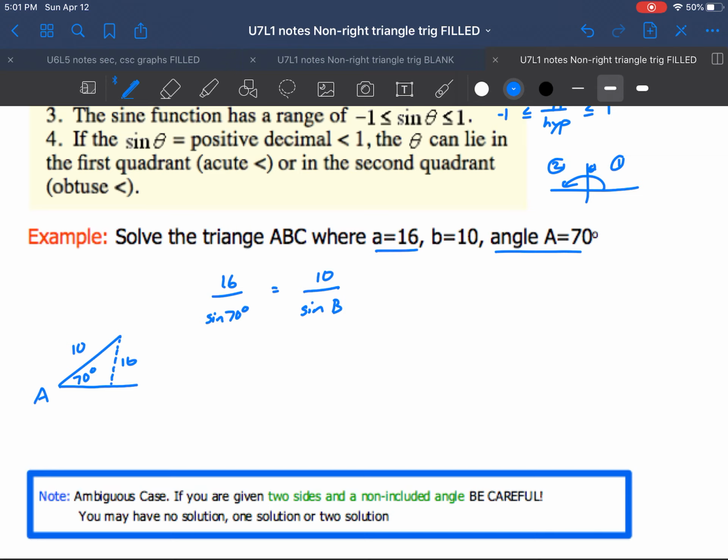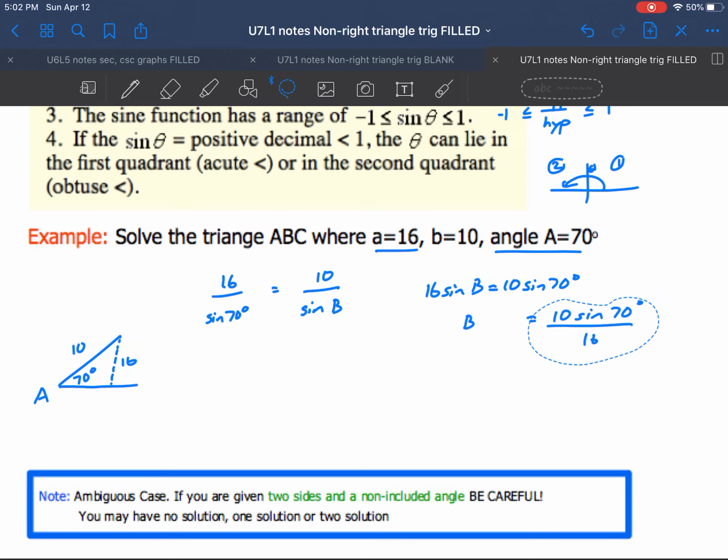The way we solve for this is if we cross multiply, we'd say 16 sine B equals 10 sine 70. So sine B is going to equal 10 sine 70 over 16. To undo the sine function, we've got to take the sine inverse.